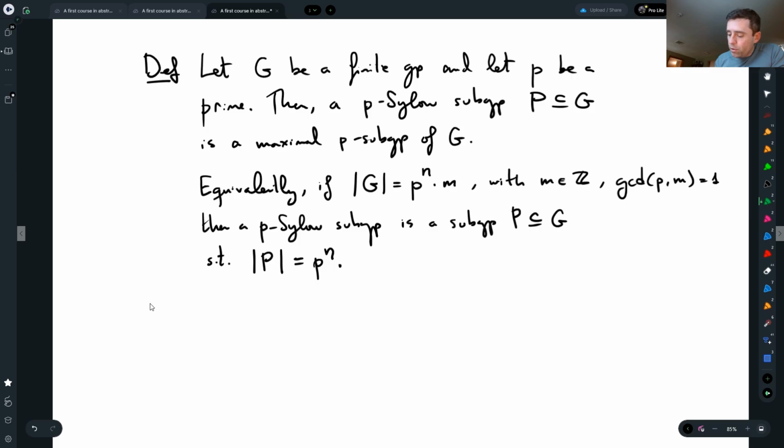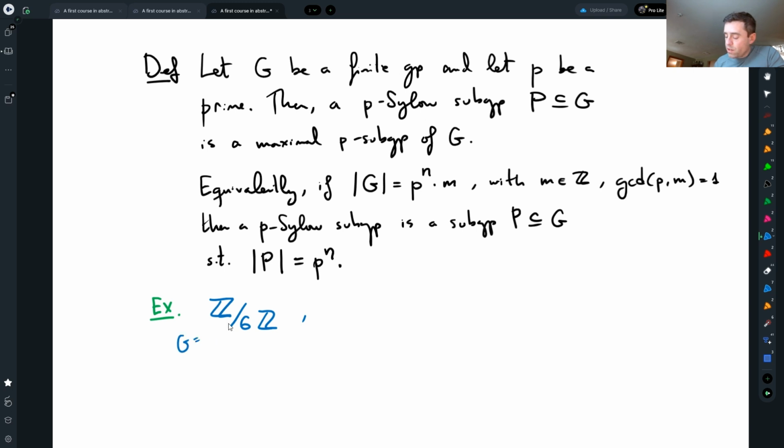For example, if we have Z modulo 6, and this is G, then the size of G is 6. So there are going to be non-trivial Sylow subgroups. There's going to be a 2-Sylow subgroup and a 3-Sylow subgroup.